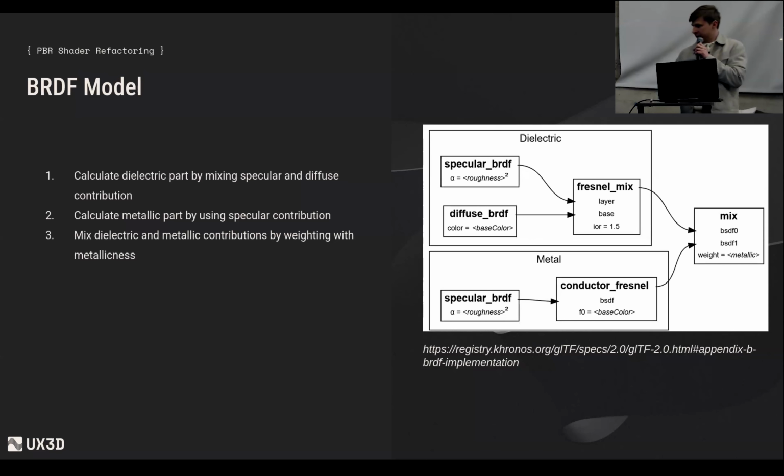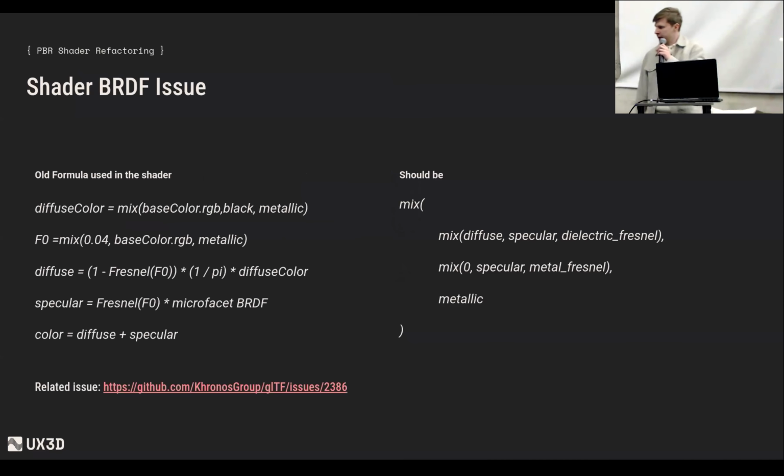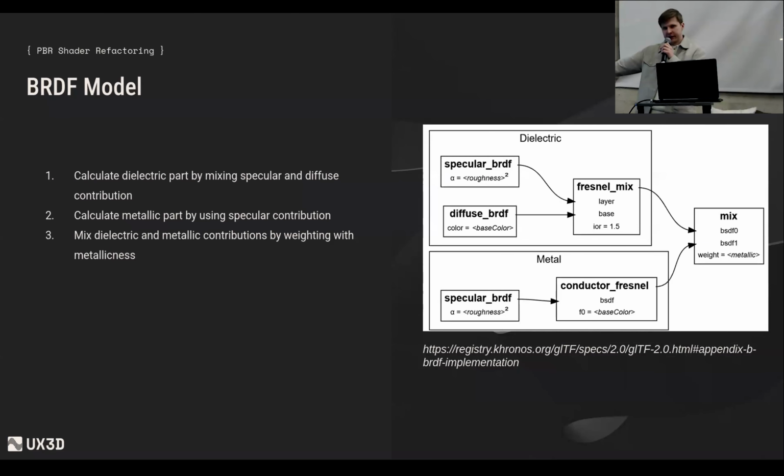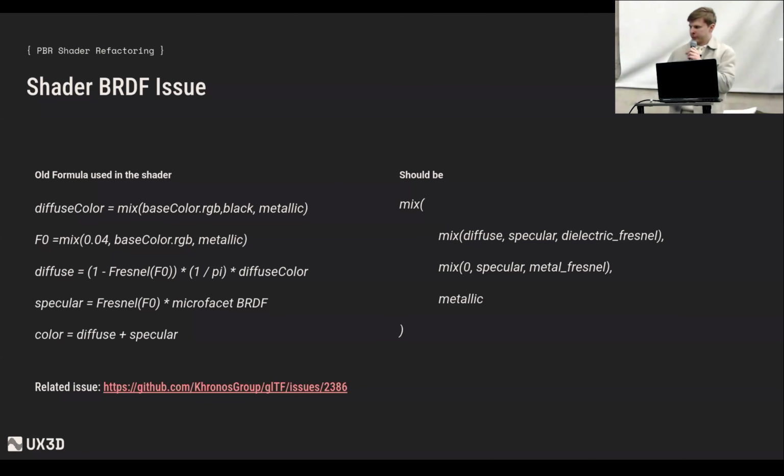So you can see this here. If you have a close look at the functions on the left side, you can see that metallic is actually used twice. But here, metallic is only used at the end in the mix. So that's where one of the issues comes from.